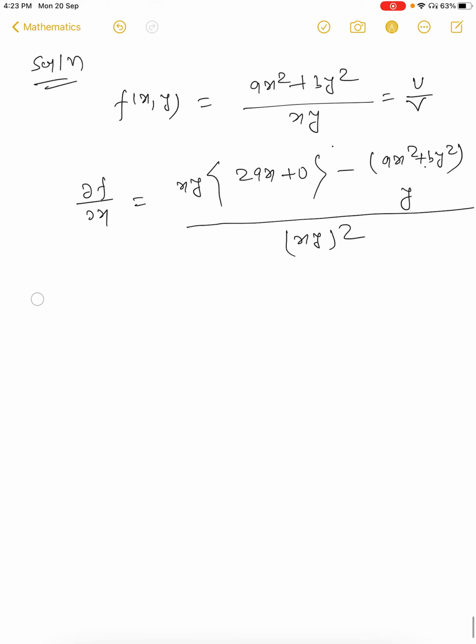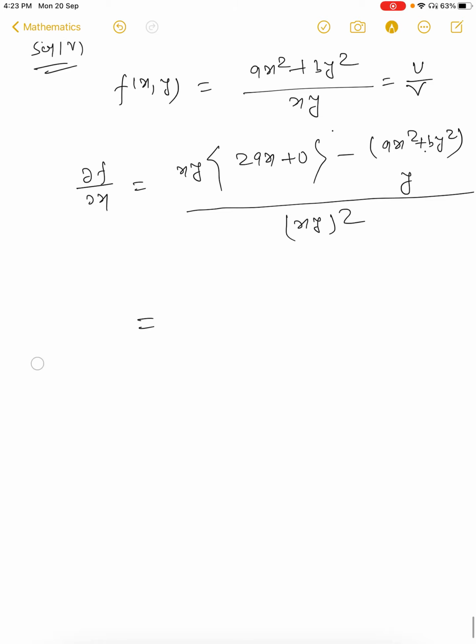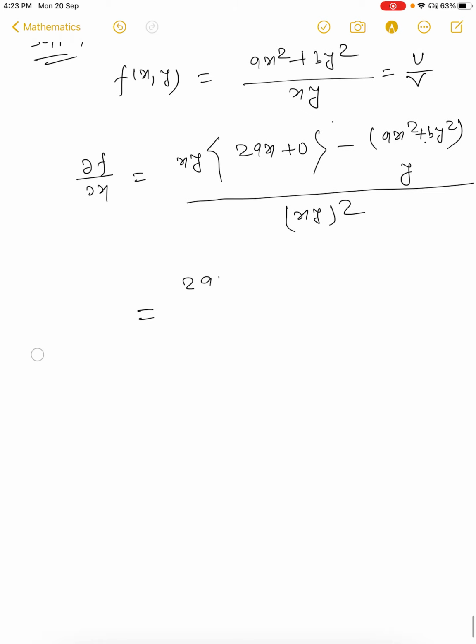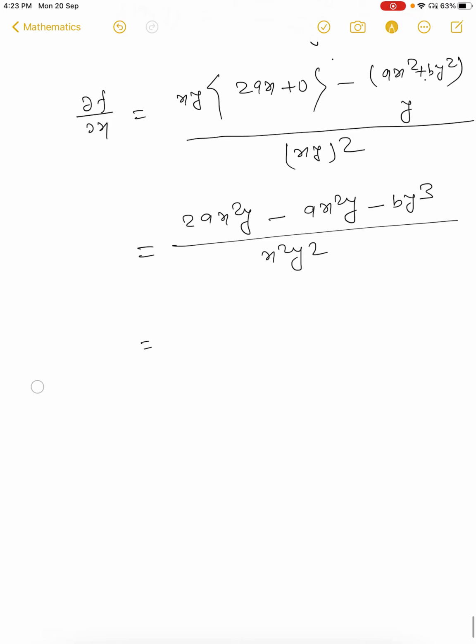Okay, so simplify it. After simplification, I have 2ax²y minus ax²y minus by³ upon x²y², so ax²y minus by³ upon x²y².